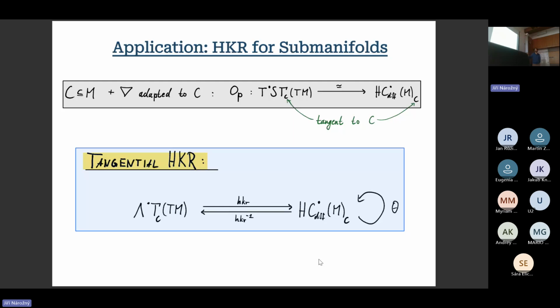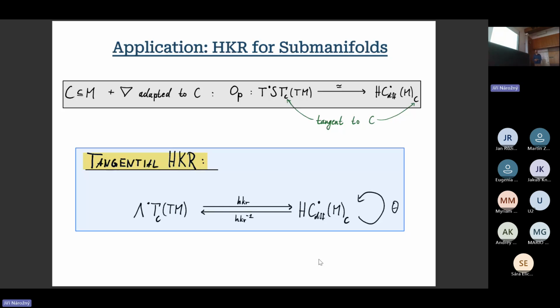You will have a different homotopy, but it will still be isomorphisms in cohomologies. Well, if your covariant derivative is not adapted to C, the problem is you don't get this symbol calculus. But at least in the case that your C is really an embedded closed submanifold, you can always find that.